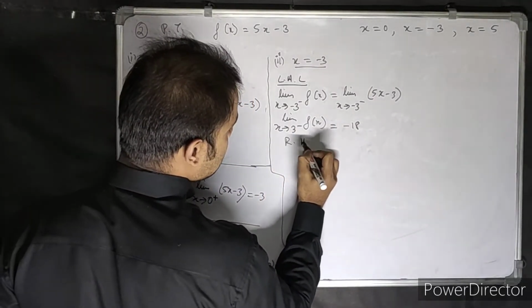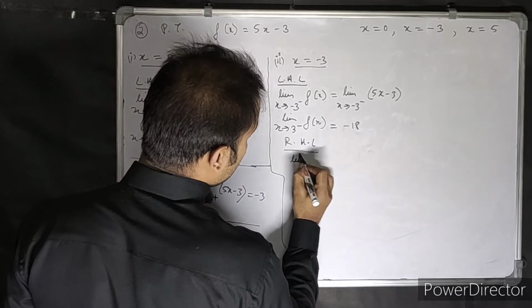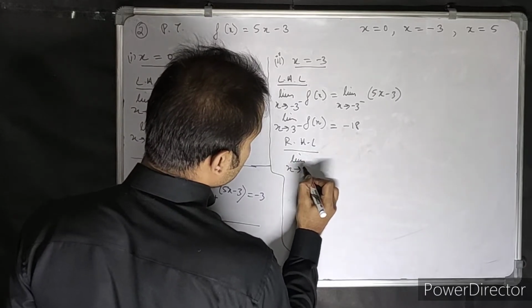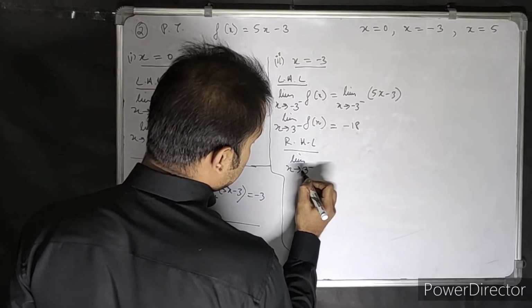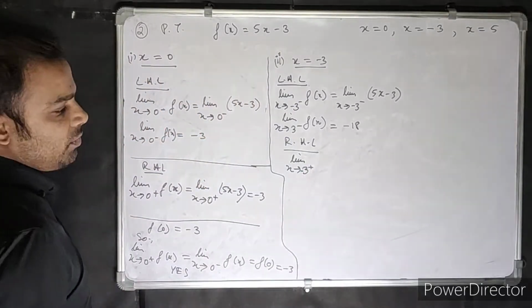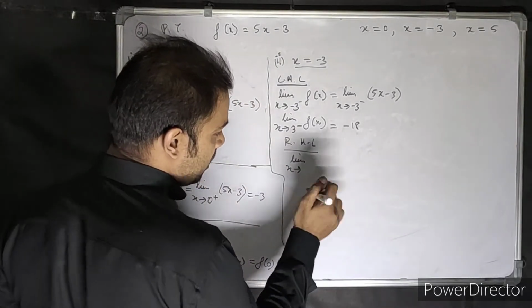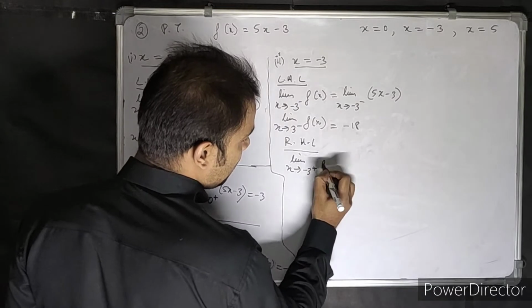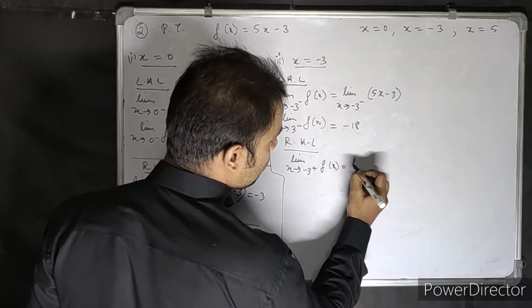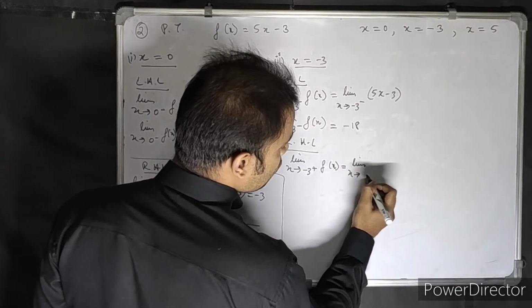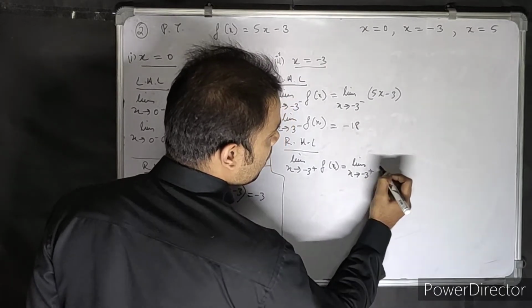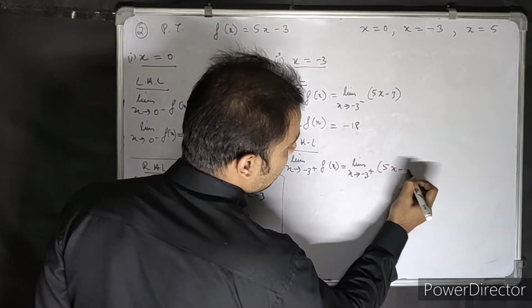The next part is RHL. That will be limit of x tends to minus 3 approaching from the positive side. Write it properly. Minus 3 approaching from the positive side, f of x is equal to limit of x tends to minus 3 approaching from the positive side of 5x minus 3.